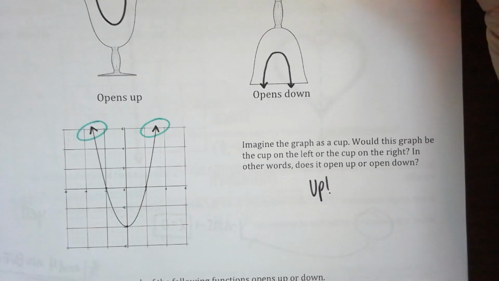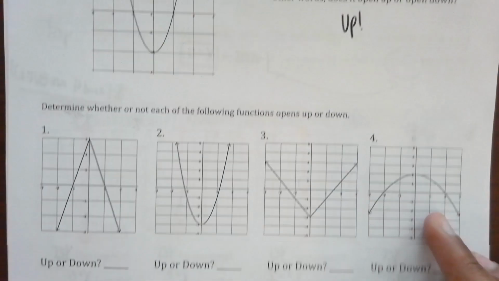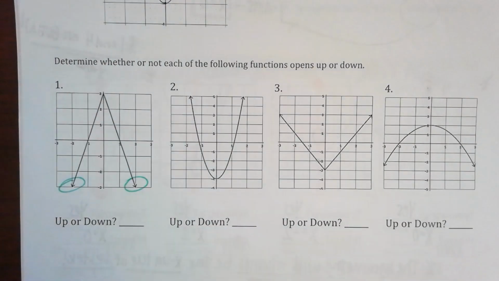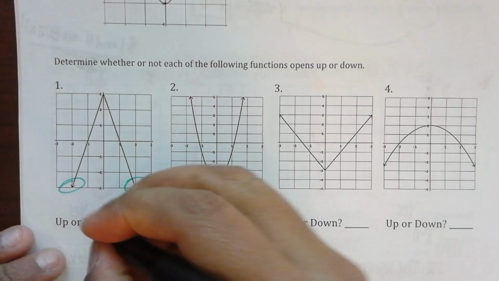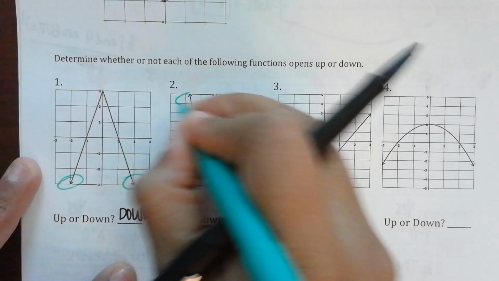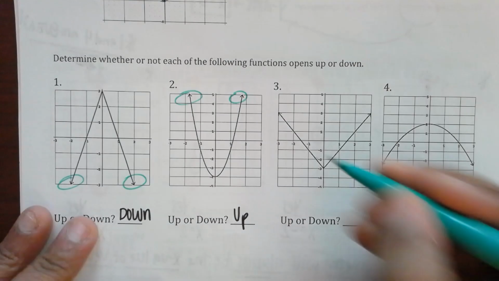Everybody still with me? It says determine whether or not each of the following functions opens up or opens down. So, what about number 1? Agreed. Any questions there? What about number 2? What about number 3?